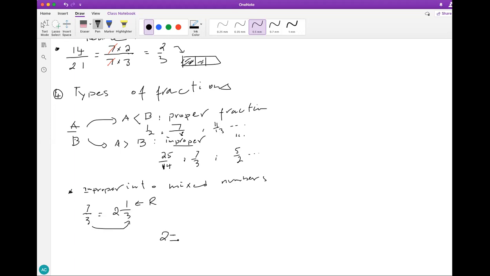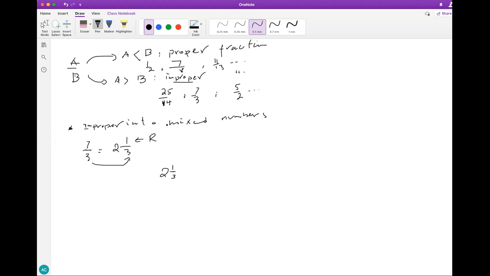Otherwise, it would look like a multiplication of the whole number and the fraction. So you say 2 and 1/3 is the answer to that. Any improper fraction could be turned into a mixed number. So this is the mixed number here.